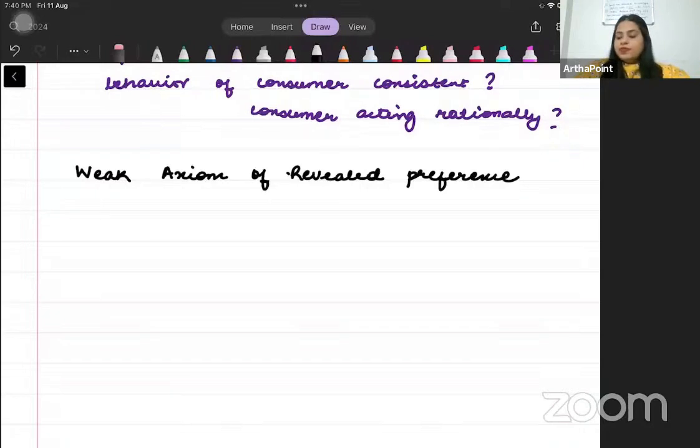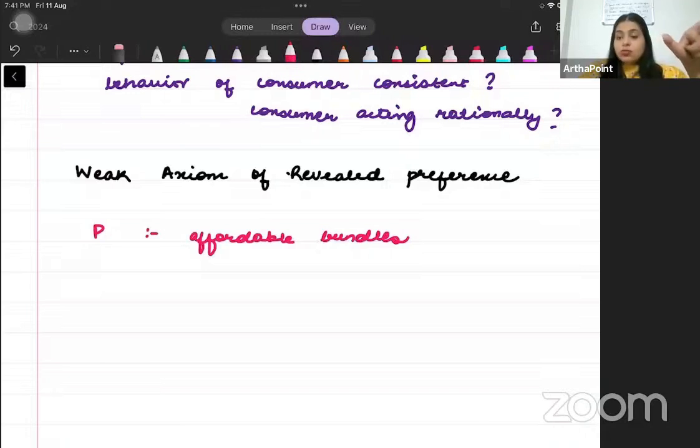Suppose I tell you that there is a price bundle P, and at this price bundle, there are two affordable bundles. Beta, affordable bundle matlab, they can be consumed within your income level. So I am saying that you have a price P, and at this price P, you have two affordable bundles. Those affordable bundles are A and B.